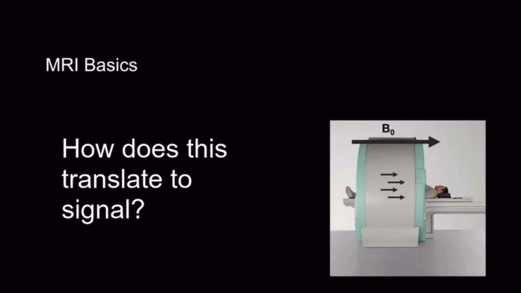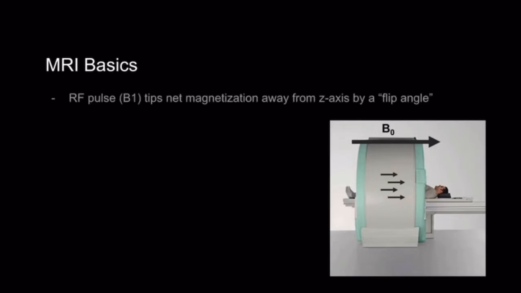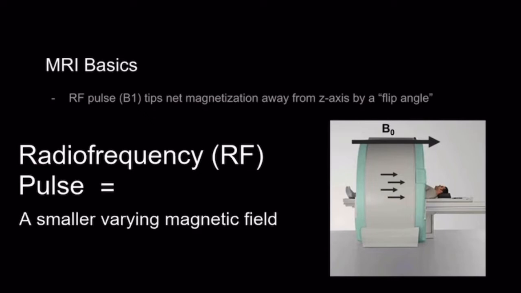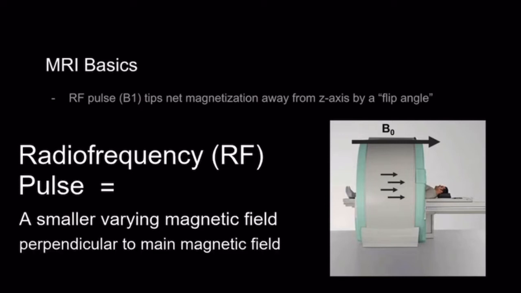So, how do we translate this into MRI signal? Next, we apply something called a radio frequency pulse or RF pulse that is designed to tip the net magnetization away from the z-axis. The RF pulse is essentially a smaller, varying magnetic field applied at a specific frequency in a direction that is perpendicular to the main magnetic field.